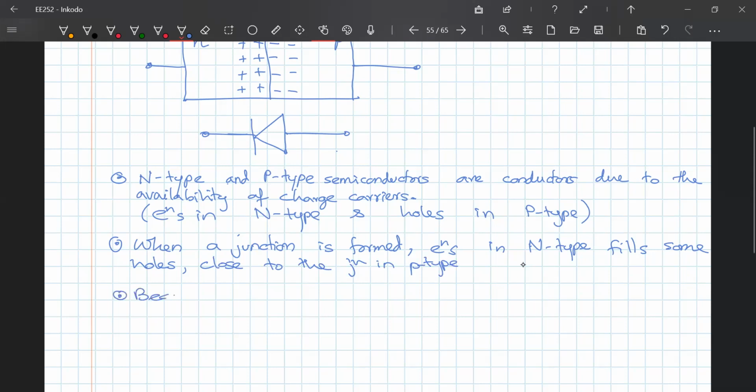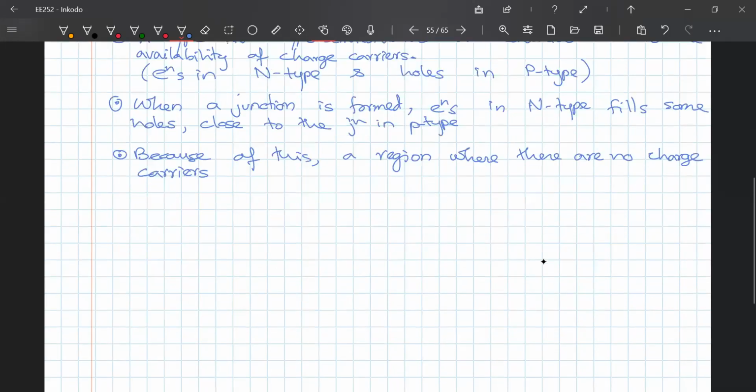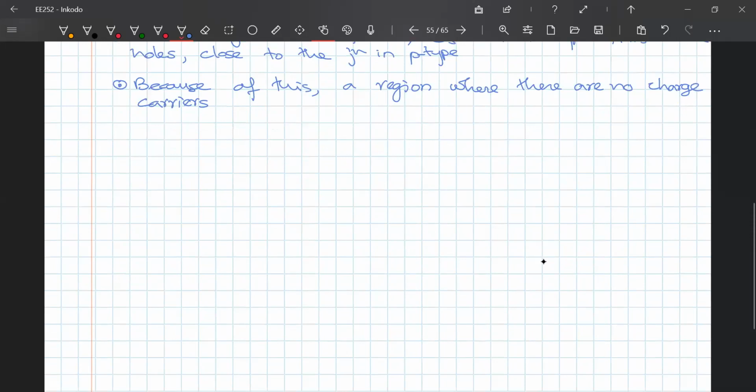Because of this, a region where there are no charge carriers is created.